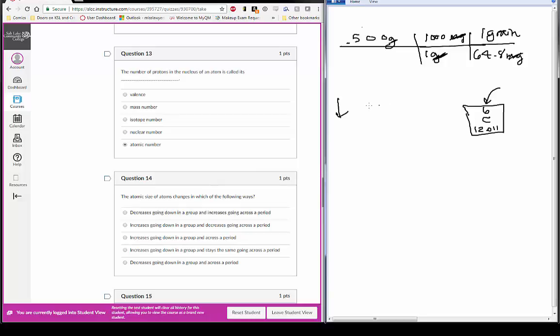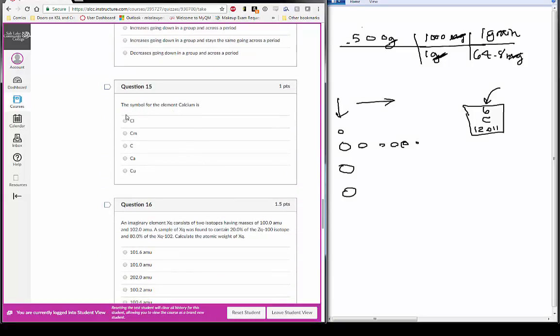It gets bigger, and as we move across, it gets smaller. So it increases going down in a group, and it decreases going across in a period. Again, it increases going down in a group because we are going from smaller size shells to larger size shells, and decreases as we go across because we're filling the same shells, but then they are being held more tightly.